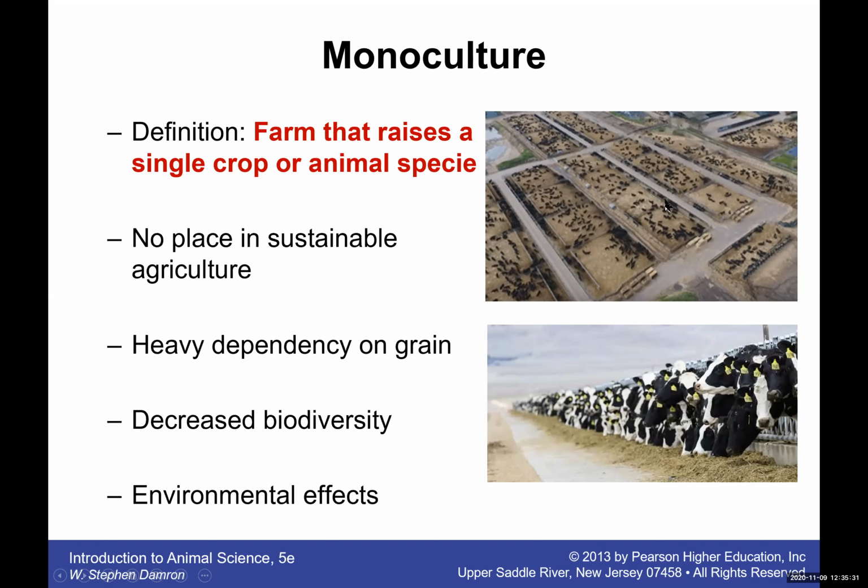You can see the paddocks that have these beef cows to be finished out. The sad part is there's very little greenery. There would be a lot of compaction in this area. There's going to be a lot of runoff from the waste.